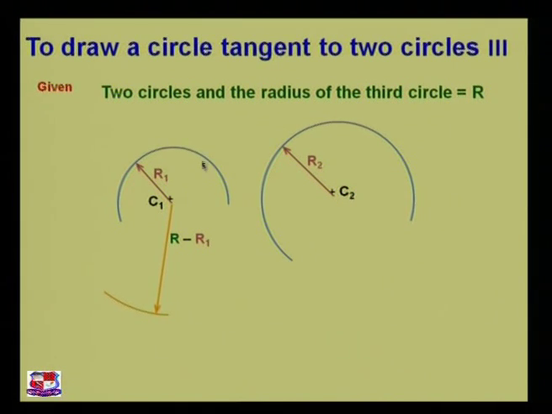I have taken R minus R1. In this method also, R minus R1. If my R is 35 mm and R1 is 15 mm, then the radius would be 20 mm. The center to draw this arc would be point number C1.